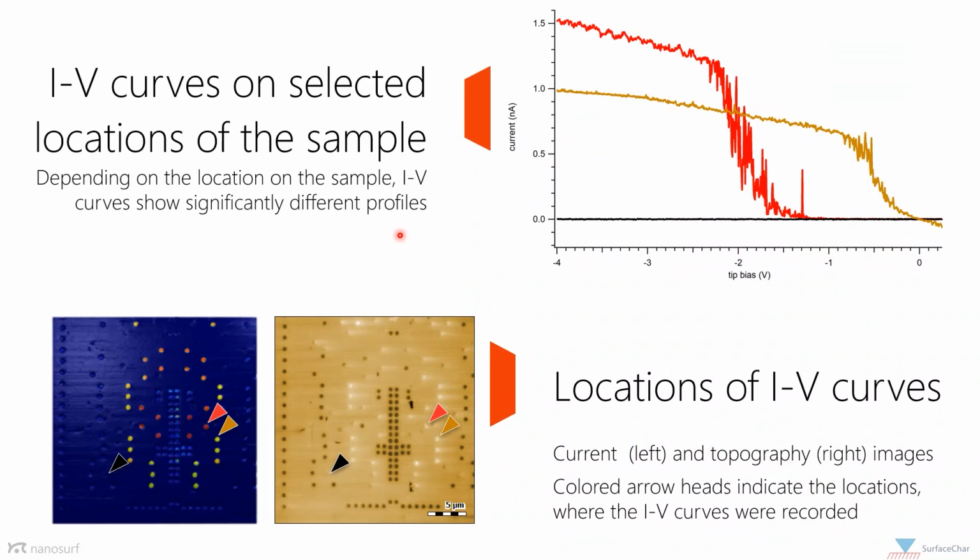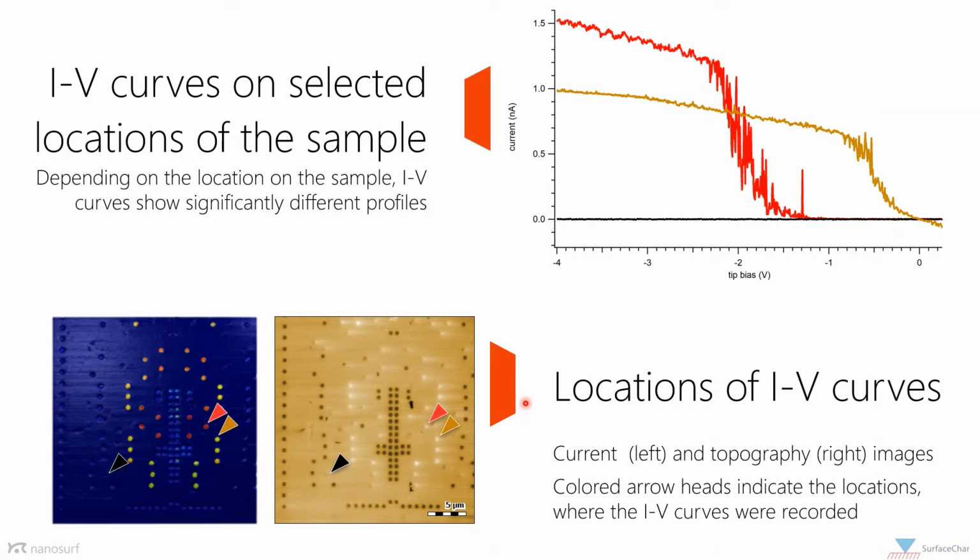To gain a little bit more insight into the electric properties of these contacts, we can, for example, address 3 different contacts marked with the blue, red, and orange arrowheads in the conductive map, and the corresponding locations on the topography map.